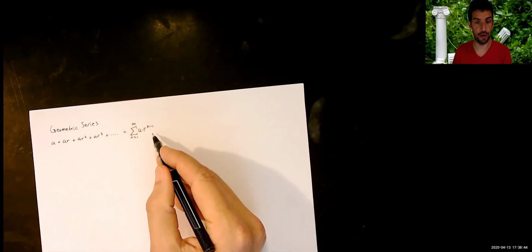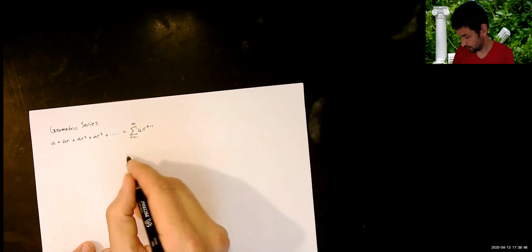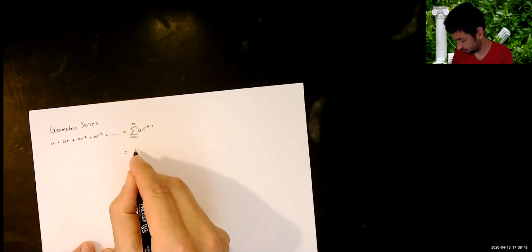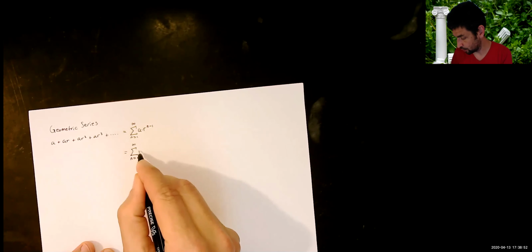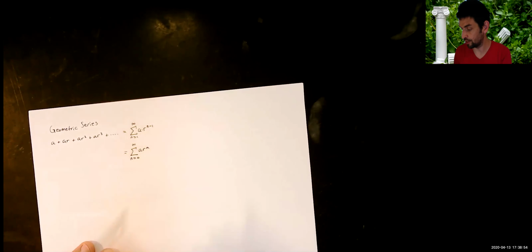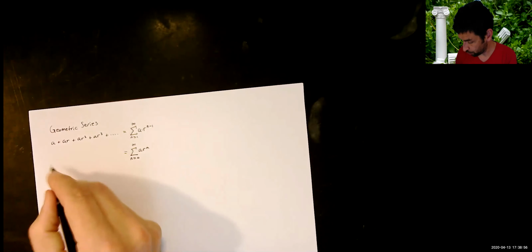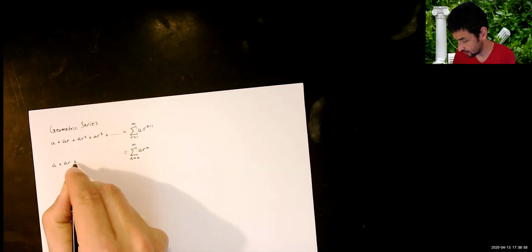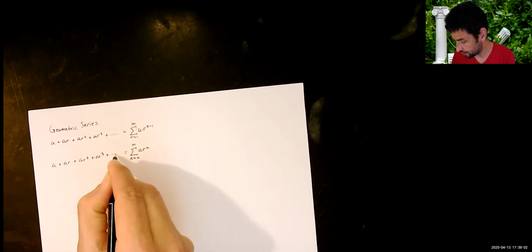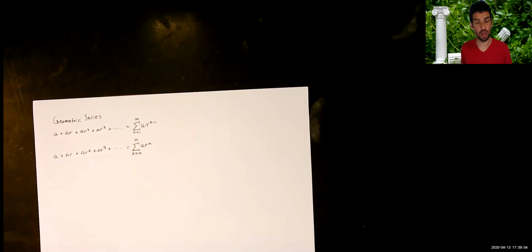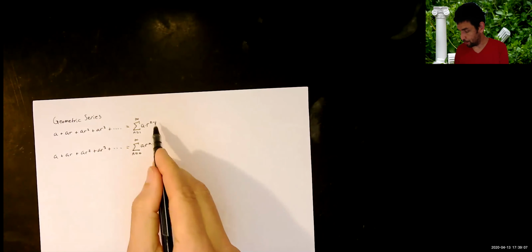An alternative way we could write this, just to play with indexing a little bit, is to index it starting at 0 and write a times r to the n. This will give you exactly the same series. Either way is fine. The book writes it this way.